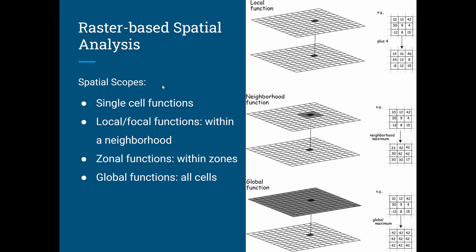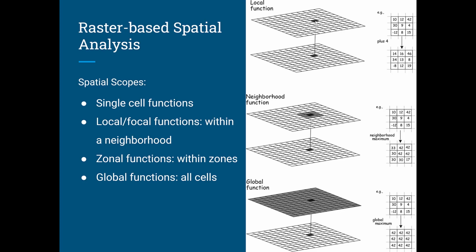All right. Then, when we do spatial overlay and raster data spatial analysis, like with vectors, you need to think about your scope. We can just combine single cells that correspond to the same location on the surface, like in this way, like a skewer.